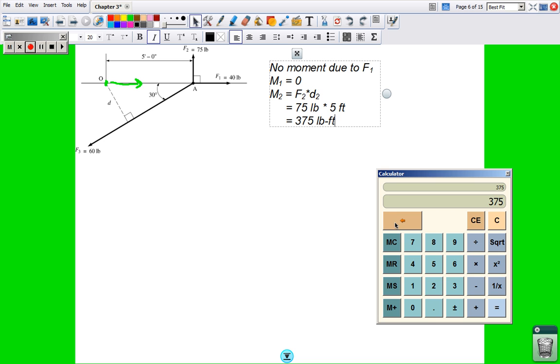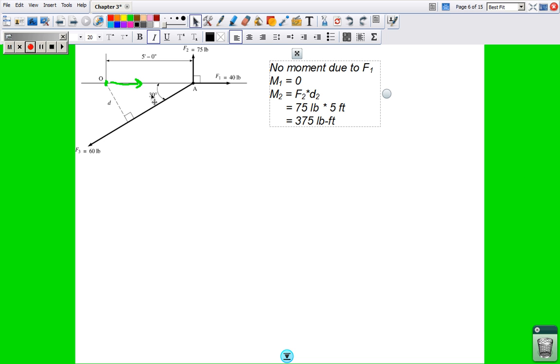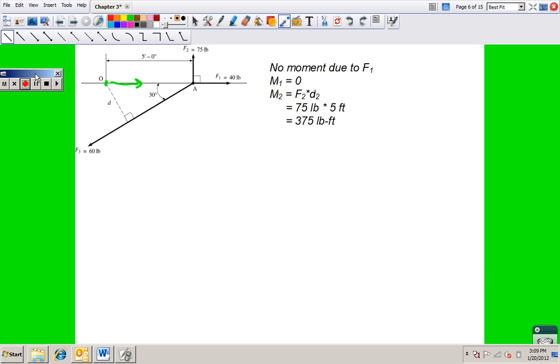Alright, now here's the other piece of this. We need to now find the moment due to F3. But if we look here, it is hard to consider this with this at this angle. So another way to look at it would be like this.